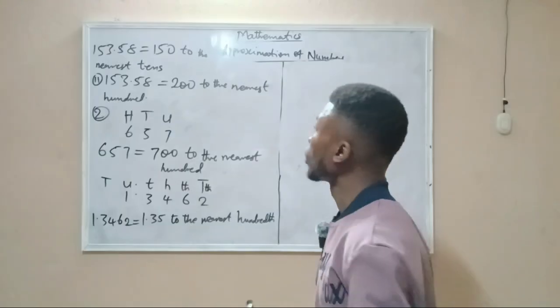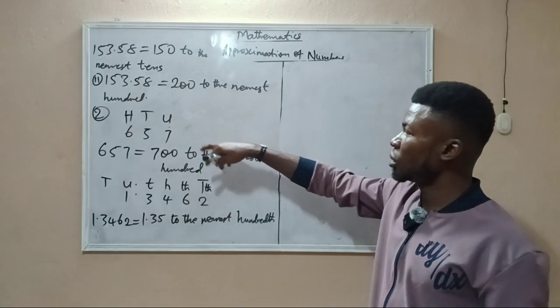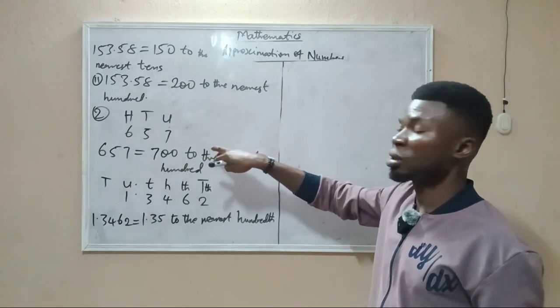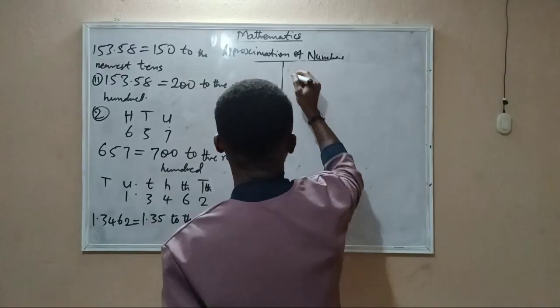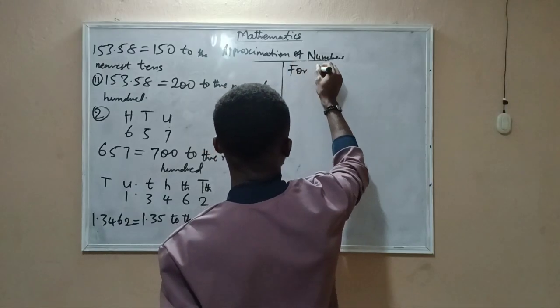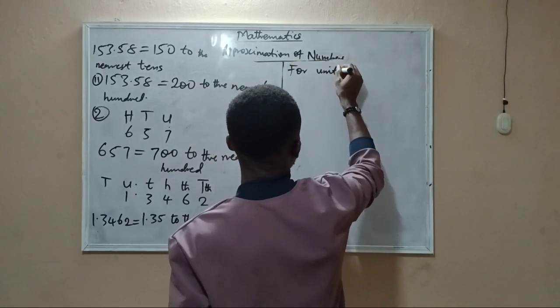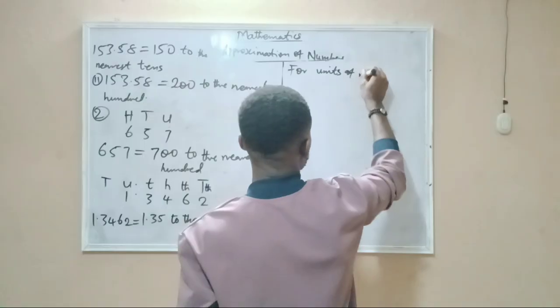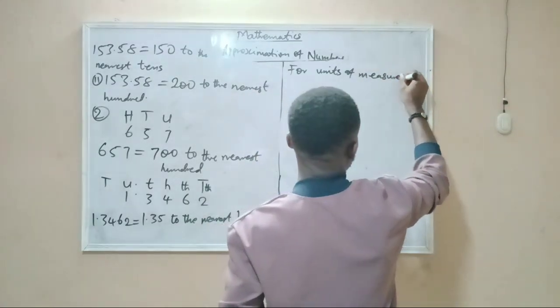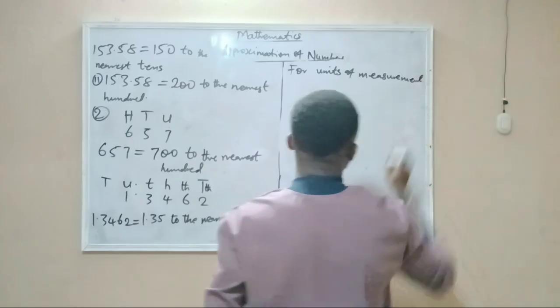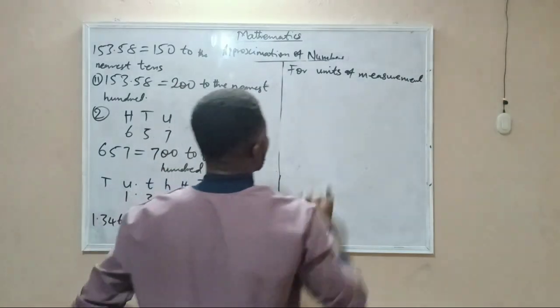So that is it. Now remember the one we did here is for specification. Now for units of measurement, for unit of measurements, kilometer.